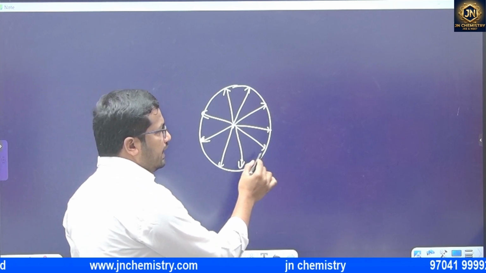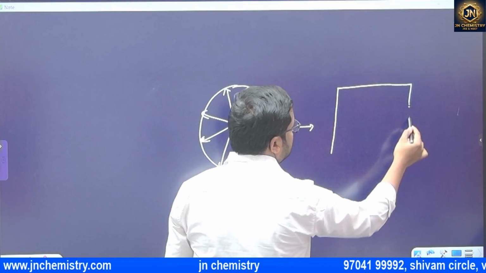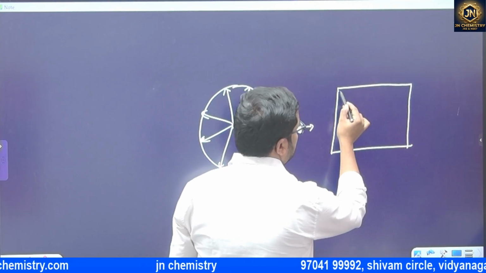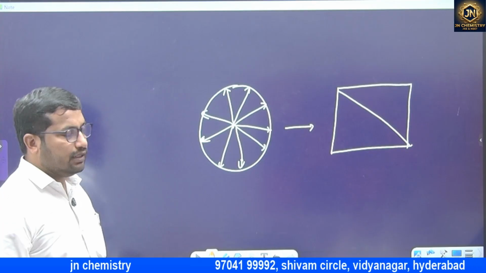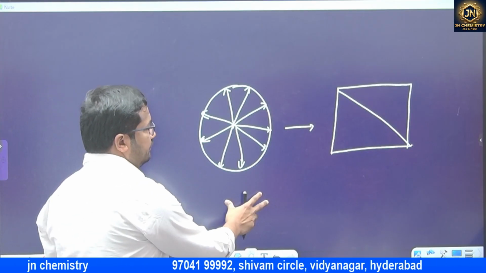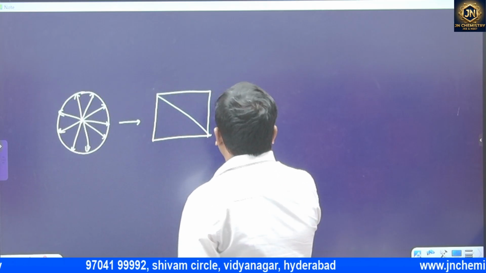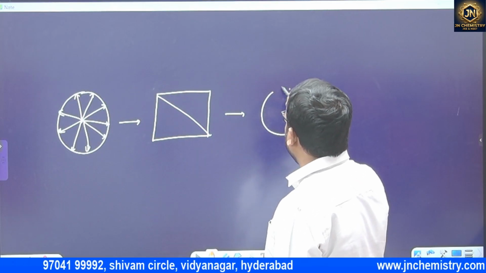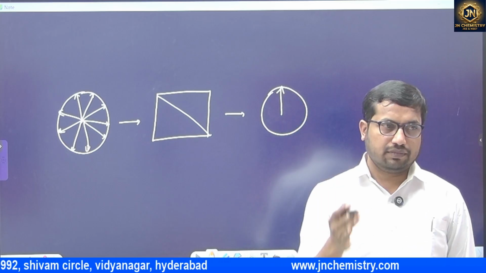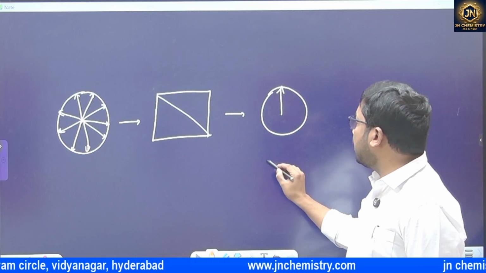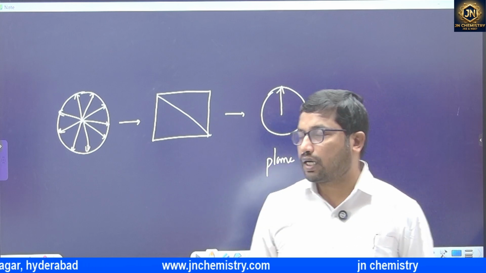So this normal light, when we are passing to a polarizer, what exactly happens? So all lights are in the one plane, that is called vector sum. All light that we are called as plane polarized light. Write it down.